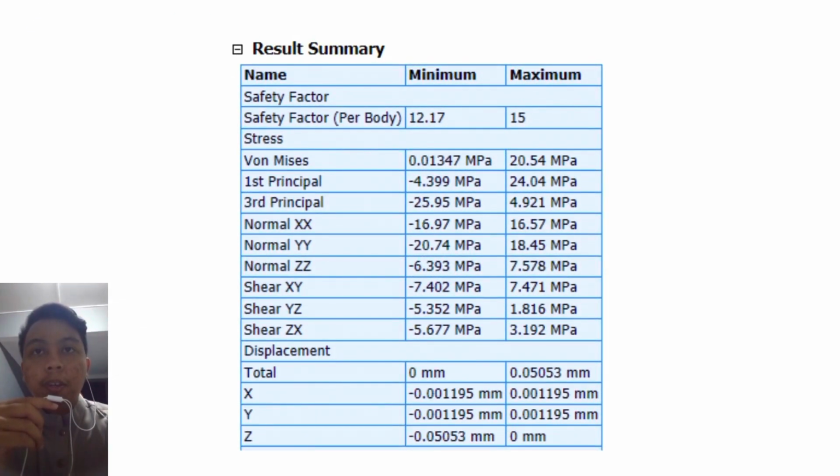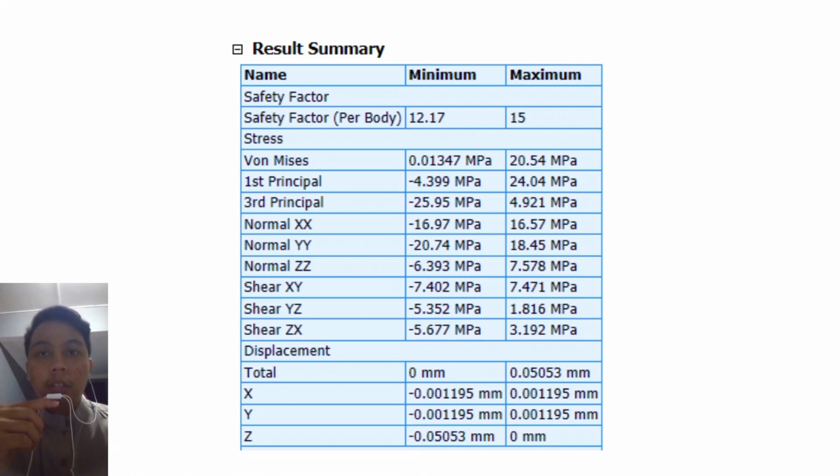Okay, this is the result summary from our motion analysis for our critical part. As we can see, the maximum safety factor is 15 and the stress is 20.54 megapascal.